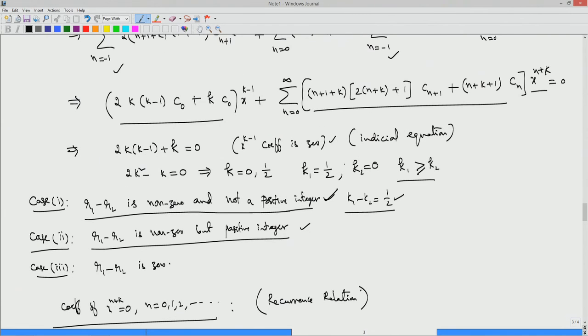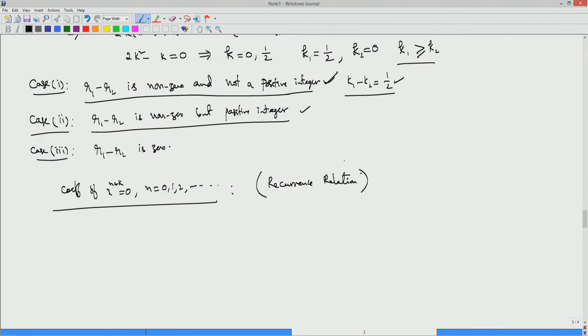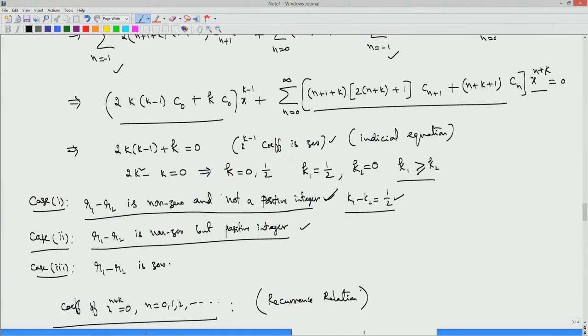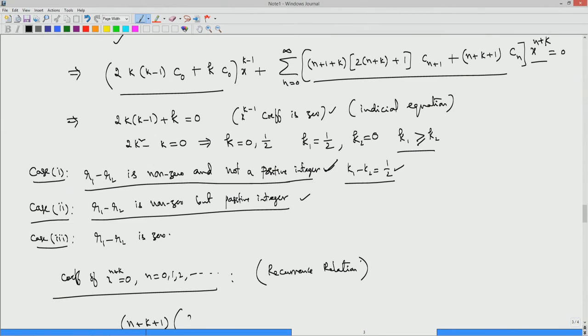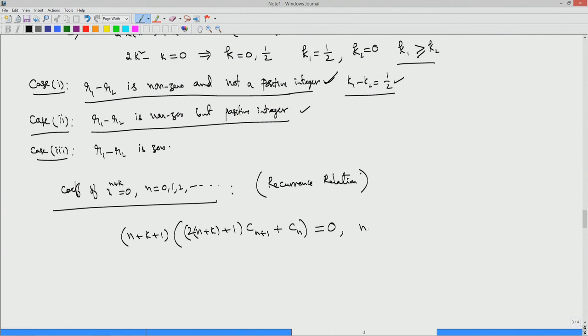What is that recurrence relation? n plus k plus 1 is common. So you have (2n plus 2k plus 1) into C(n plus 1) plus Cn, which has to be equal to 0, where n runs from 0, 1, 2 and so on.